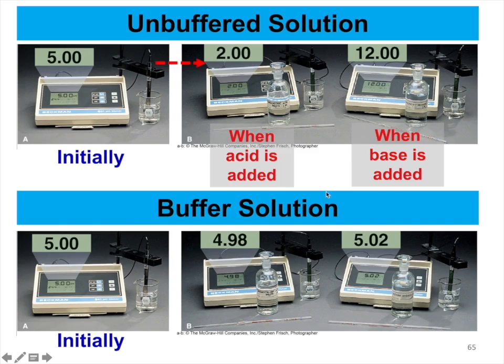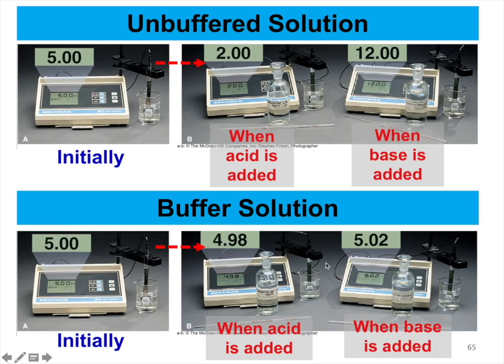For the buffer solution, the initial pH is also 5.00. So when strong acid is added, the pH is 4.98. And when strong base is added, the pH is 5.02. So here we can see that there is only a small change in its pH. So from these observations, buffer solutions can maintain their pH.